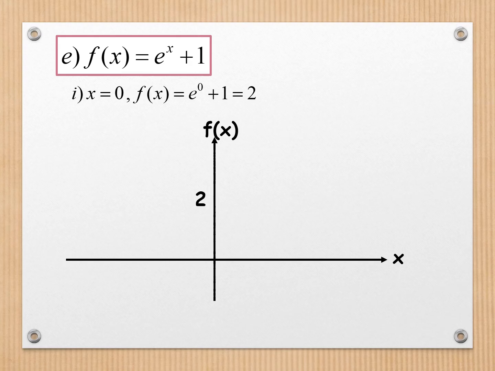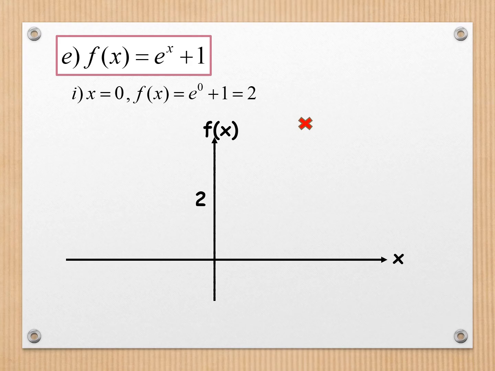When x is approaching positive infinity, e to the power positive infinity is positive infinity, plus 1, so f(x) is approaching positive infinity. So then we plot here. And then when x is approaching negative infinity, we get 0 plus 1, so f(x) is approaching 1.